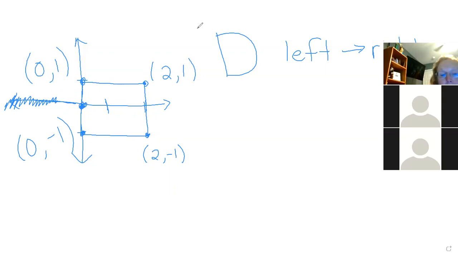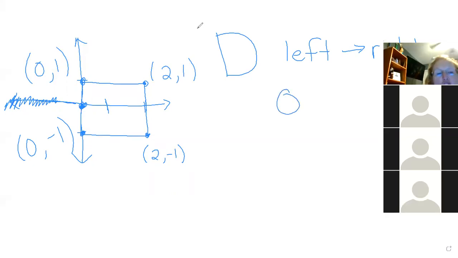Anybody know? 0. 0. There you go. Now, do you notice how I actually touched my box right there at 0? That's important because what that means is that I put a bracket right there because it means that my box actually touches that number that I just wrote down right there. And so that's important to know.